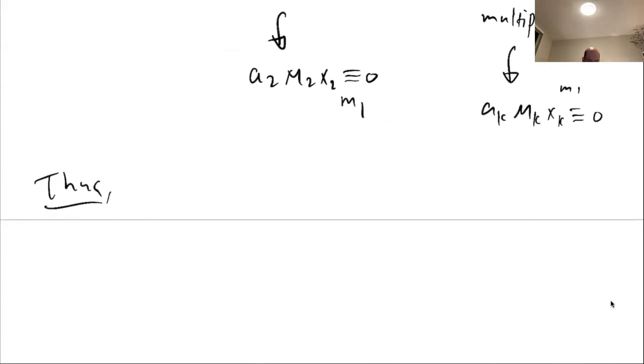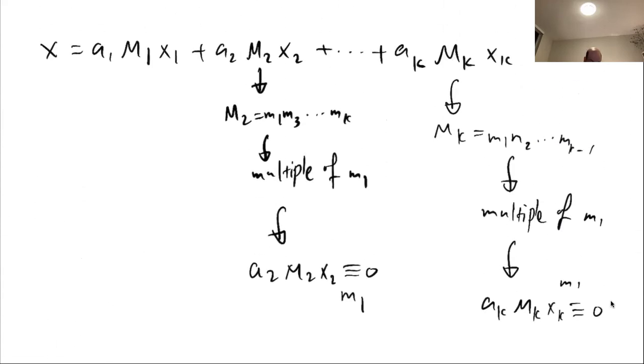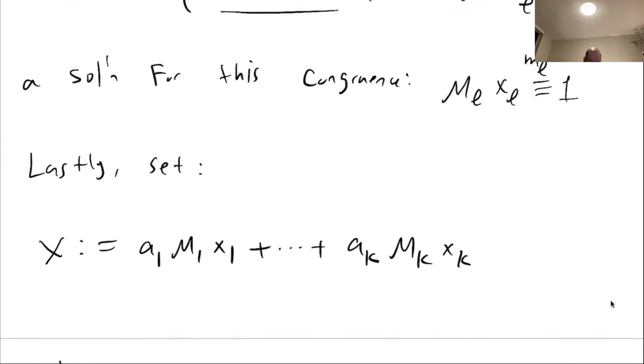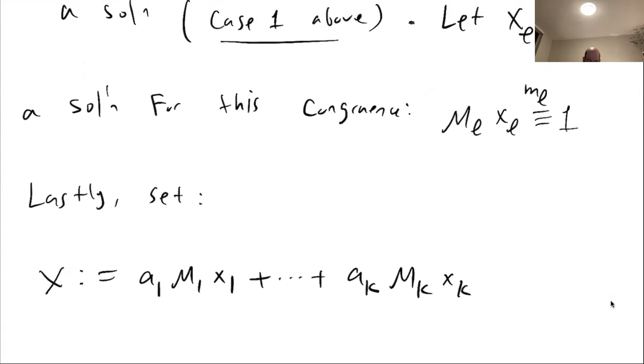So what can I say about X? X is A1 M1 X1 mod M1. But how much was M1 X1 mod M1? Let me call this congruence star: MLXL mod ML is 1.